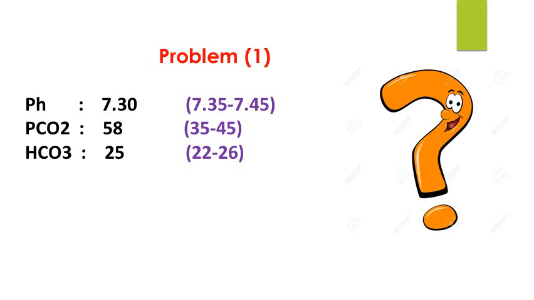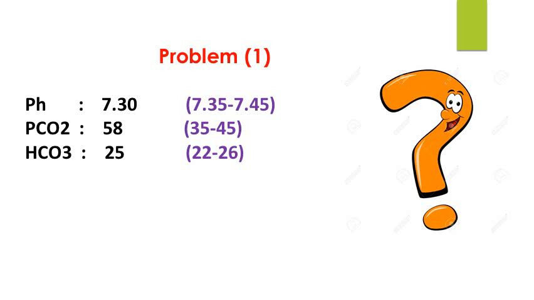Problem 1. Normal range of pH is from 7.35 to 7.45. Normal level of PCO2 is 35 to 45. Normal level of bicarbonate is 22 to 26. The pH is 7.30, which is less than 7.35, and this means acidosis.